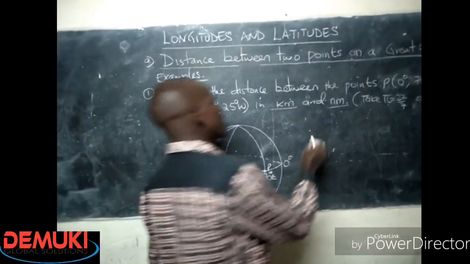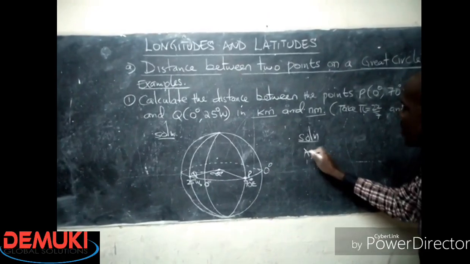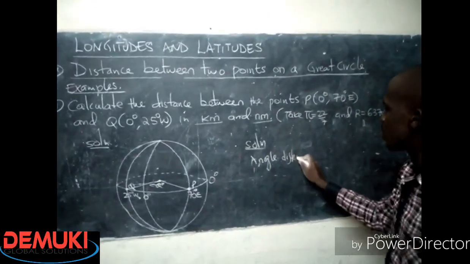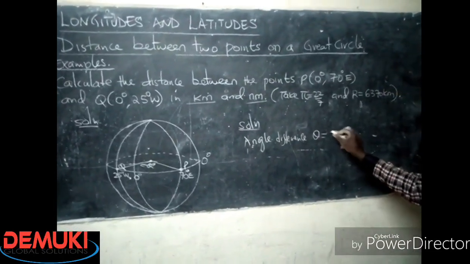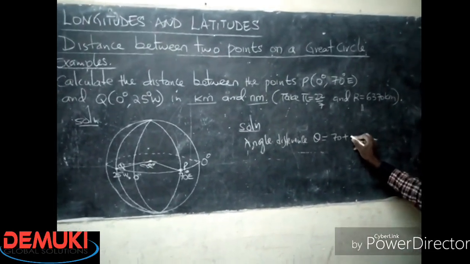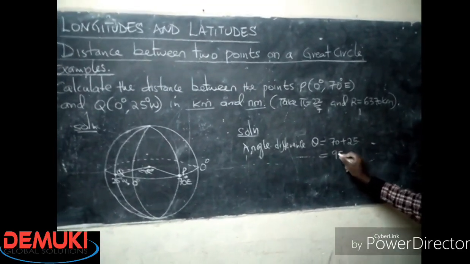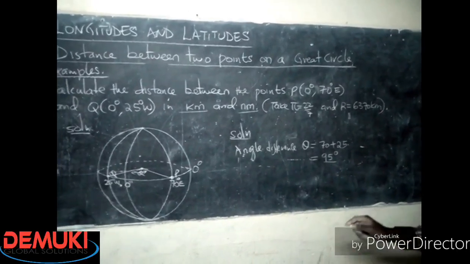So we can simply say that the angle difference, which is theta, shall be given as 70 plus 25, which gives us a total of 95 degrees. So the angle difference is 95 degrees.